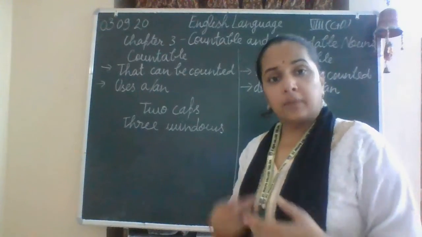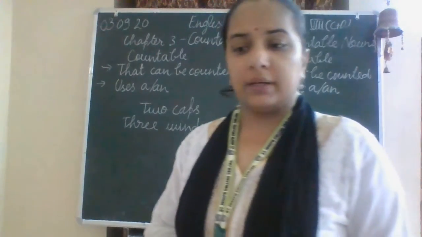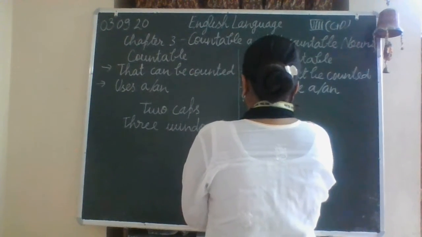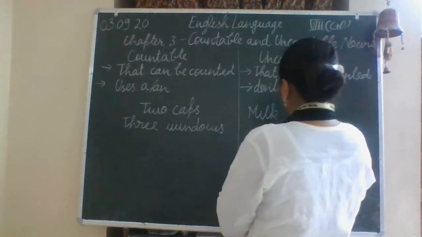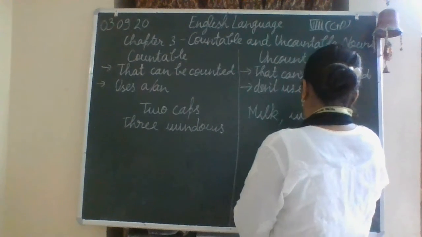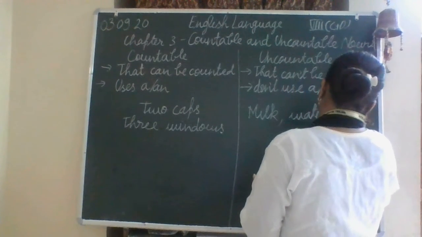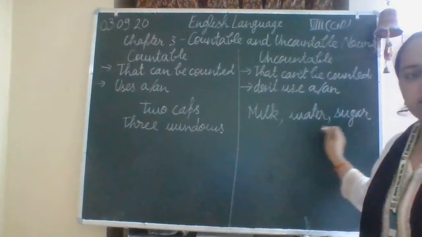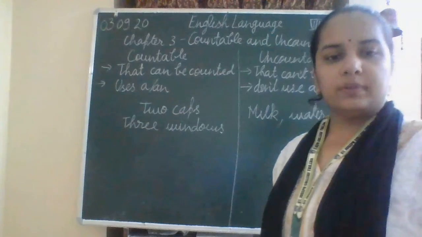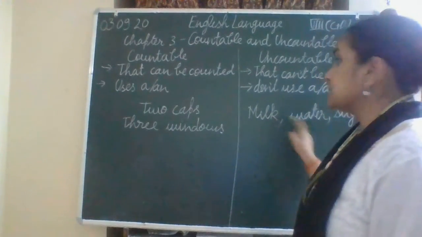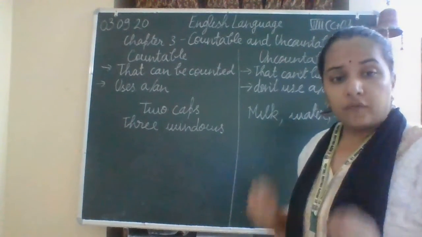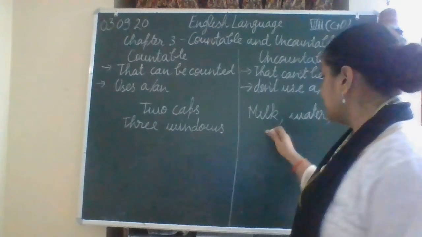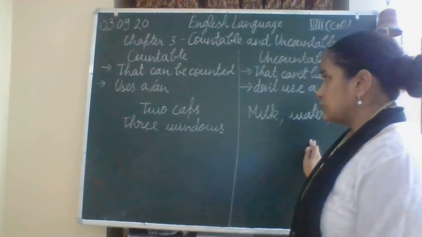But what can be the examples for the uncountable noun? For example, milk, water, sugar. These are the examples of uncountable nouns because these are the nouns for which we cannot provide a number.